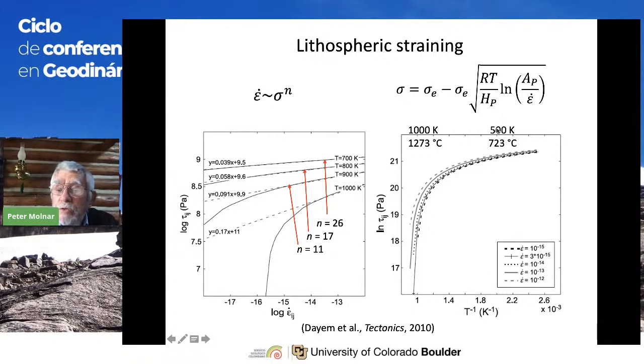So I've replotted this for you. 500 kelvins or 723 degrees Celsius, or 1273 degrees Celsius. This is almost asthenosphere at this temperature out in here. And these are the strain rates, and you see there's almost no dependence on the strain rate. This depends on temperature, but not strongly on temperature either. In other words, this value is weakly dependent on temperature and even more weakly dependent on strain rate.